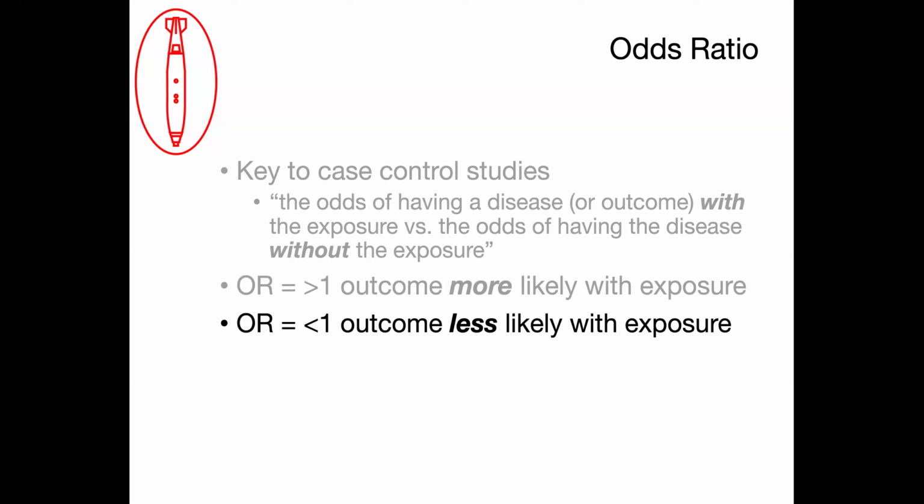Now, let's remember that, because that's what we're looking for with our work. But just take a second to think about an odds ratio that's greater than 1. The outcome is more likely with exposure. Now, we can all think of people, and I can think of my own grandfather, who lived to his 90s, smoked 60 cigarettes a day, never had cancer.